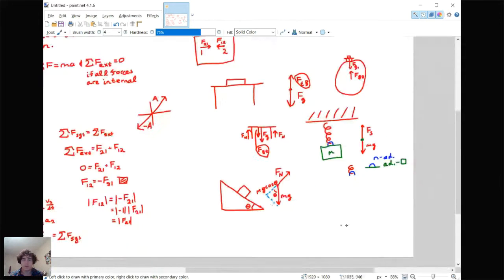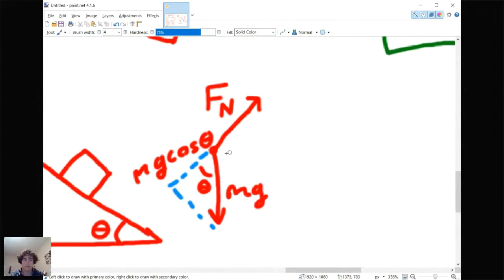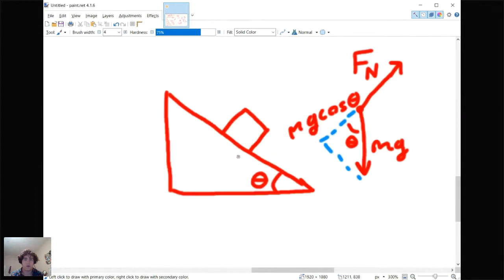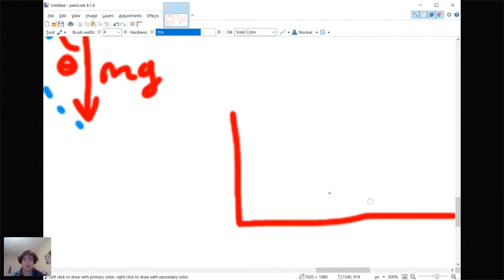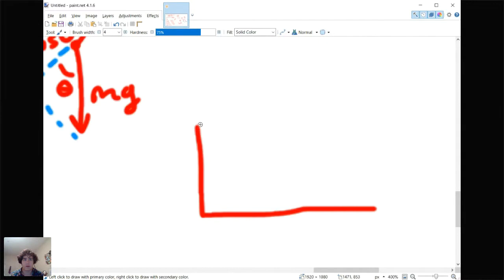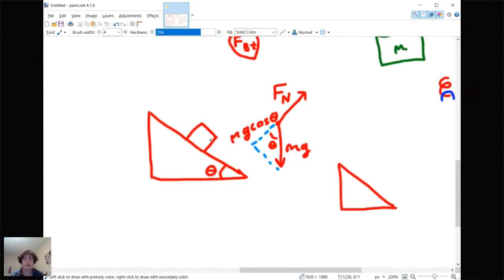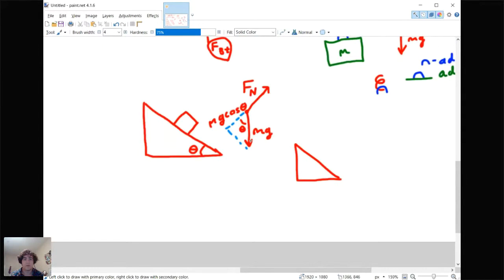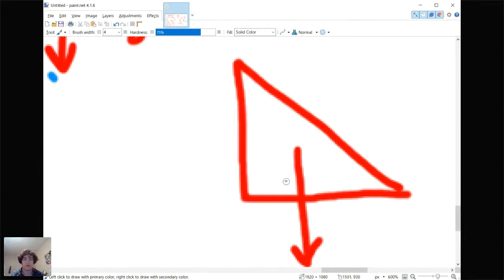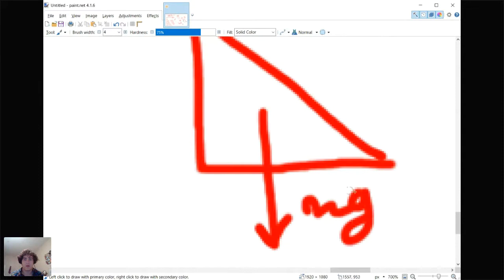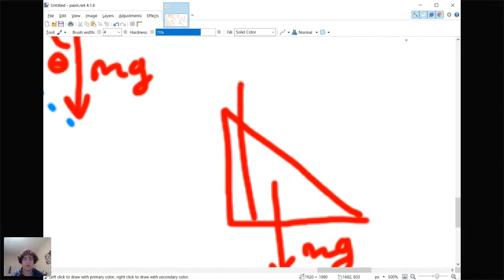We have to think about what's going on for the inclined plane. So we draw the free body diagram for the inclined plane, which is kind of unorthodox to think about, drawing a free body diagram for the plane itself. Well, firstly, there's a force of gravity on the plane and a normal force on the plane from the floor it's on.